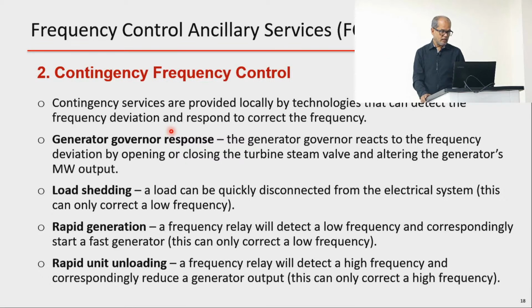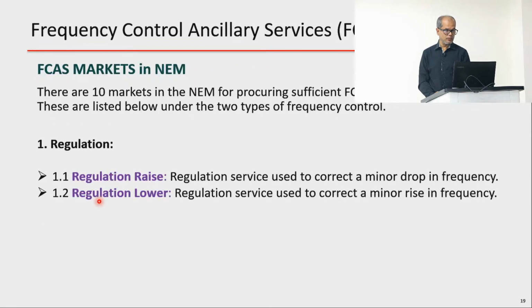Also, with the spinning reserve we mentioned, you can have generators with rapid response that you bring back into the system to increase the supply so that it matches the demand. So there are a number of emergency frequency control services we provide.